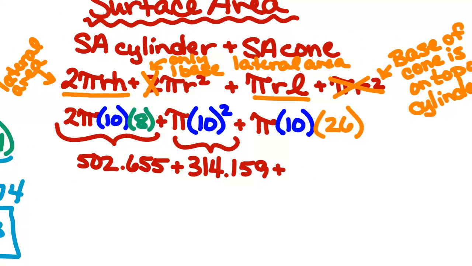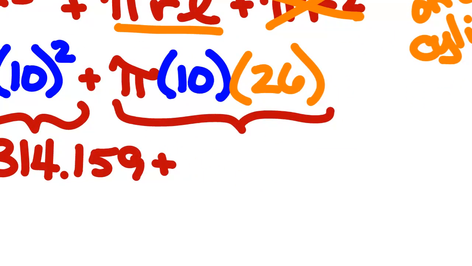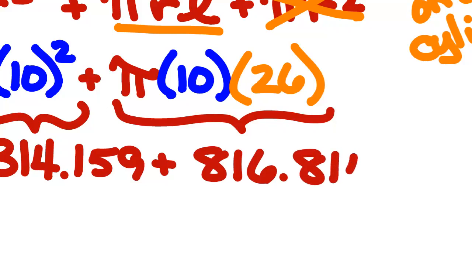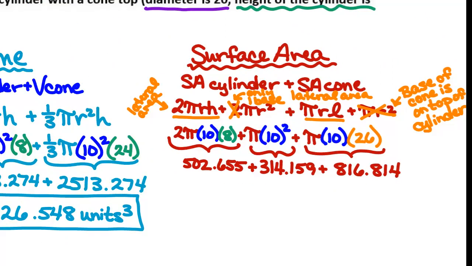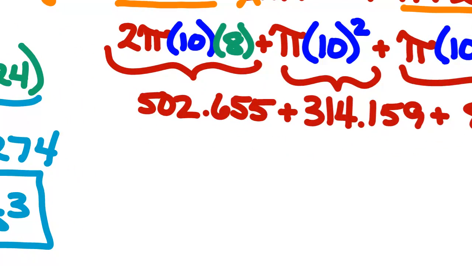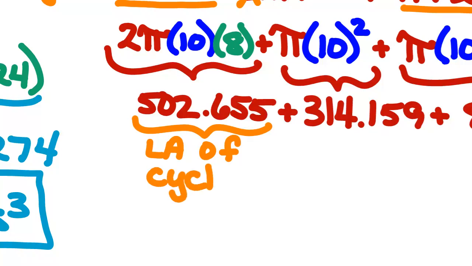Plus, now let's do the lateral area for the cone. Pi times 10 times 26. 816.814. Before we add all those together, I want to make sure that we can identify what all of this is. This is the lateral area of the cylinder.